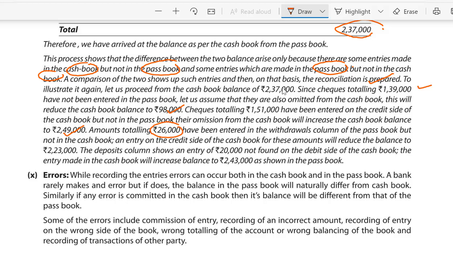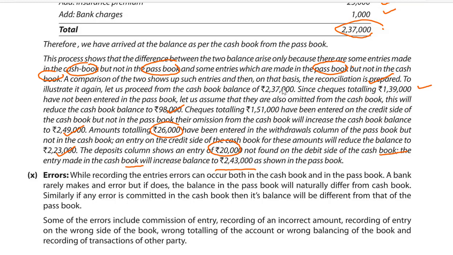Amounts totaling 26,000 have been entered in the withdrawal column of the passbook but not in the cash book. An entry on the credit side of the cash book of these amounts will reduce the balance to 2,23,000. The deposit column shows an entry of 20,000 bank securities not found on the debit side of the cash book. An entry made in the cash book will increase the balance to 2,43,000 as shown in the passbook.